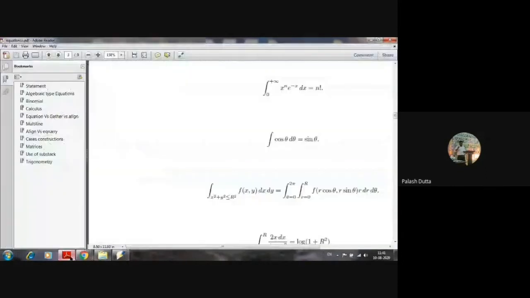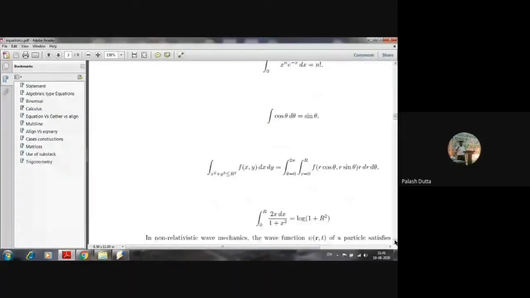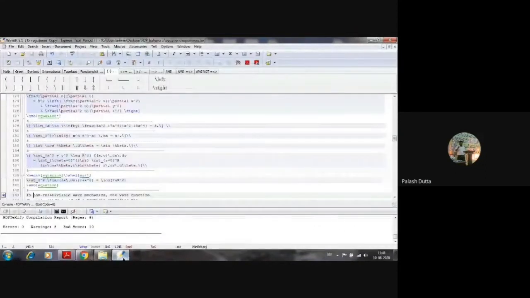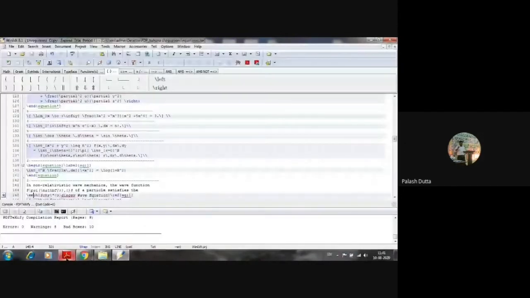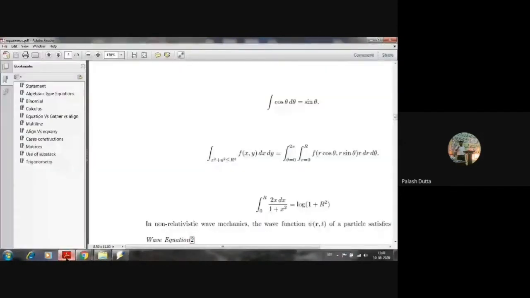Plus cos theta d theta equal to sin theta. In this way we can write this expression also. Yes, x square plus y square, right? This one, yeah.